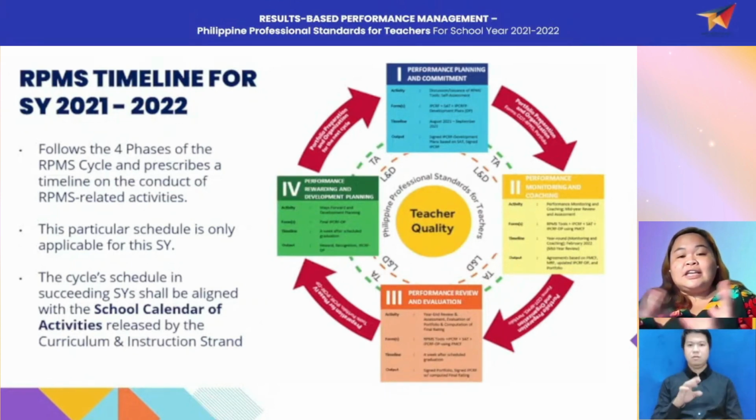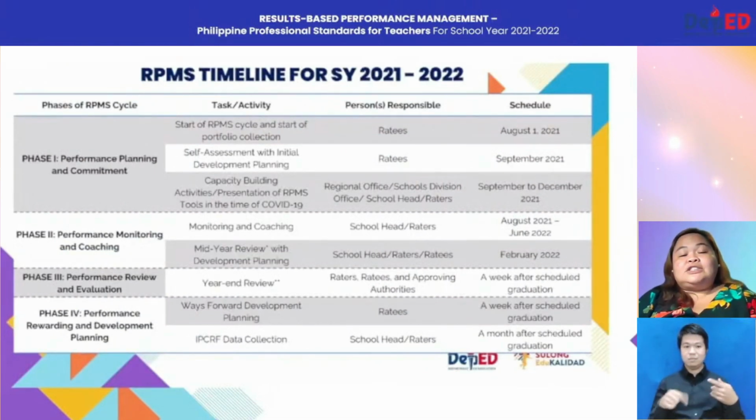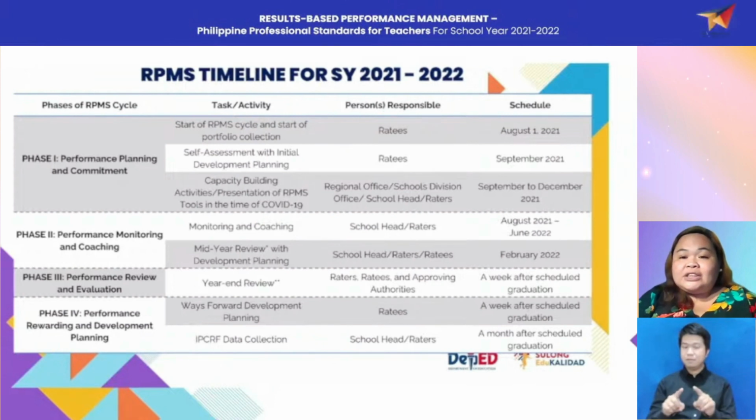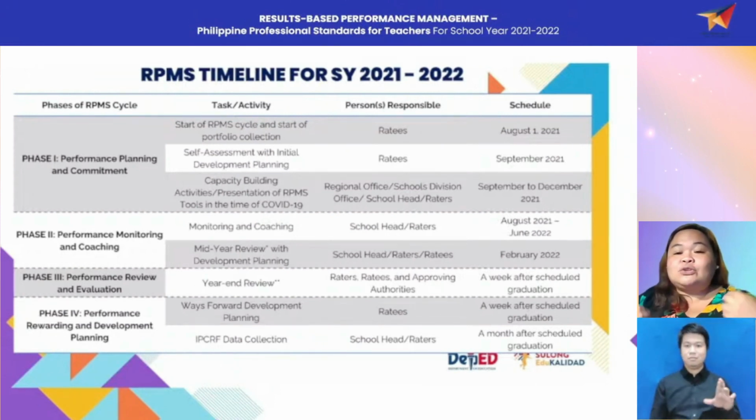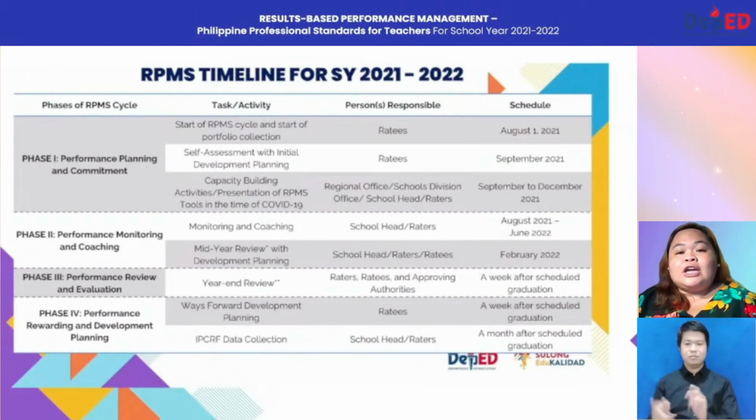So as you can see in the presentation, aligned with the phases of the RPMS cycle enumerated in this department memorandum, are the different tasks and activities that the rater and the ratee should undertake in relation to performance assessment of our teachers, including the prescribed schedule and timeline.